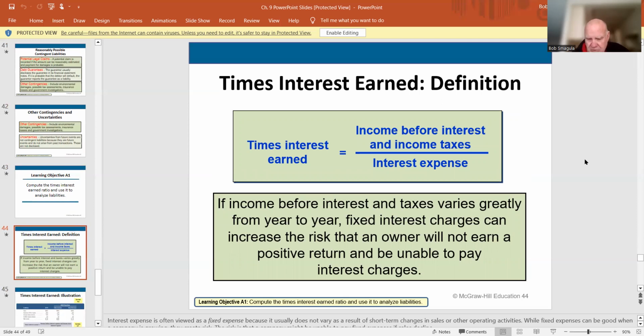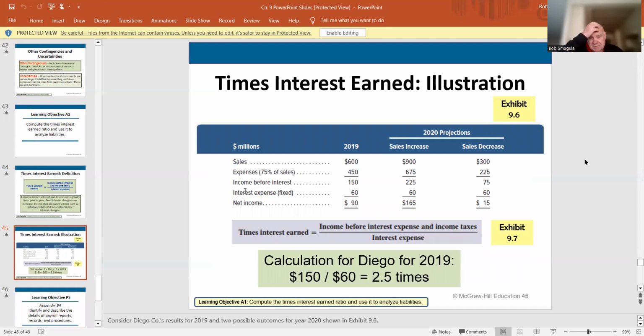Times interest earned. And here's an example of some companies. Here the income before on 2019. What company do they tell us this is? I guess Diego. Company named Diego. In 2019, they had sales of 600, expenses 450, income before interest was 150, interest expense was 60, net income 90.